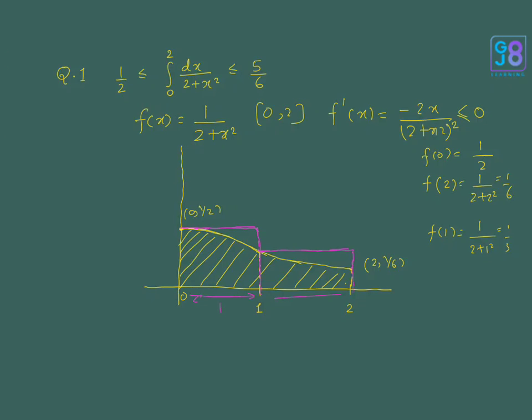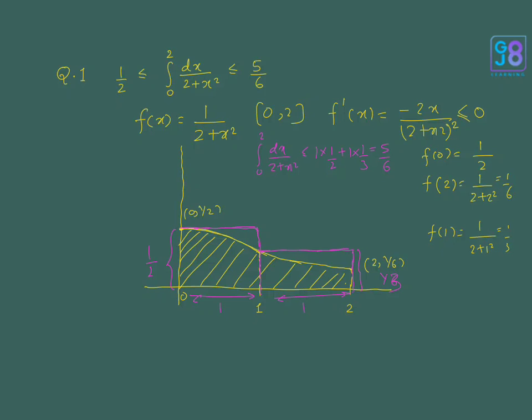This length is 1, this length is also 1. This height from here to here is 1 by 3, and this height from here to here is half. So we'll say the integral from 0 to 2 of dx over 2 plus x square is less than or equal to 1 times half plus 1 times 1 by 3, which simplifies to 5 by 6.